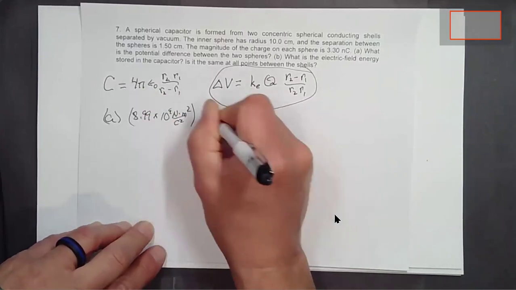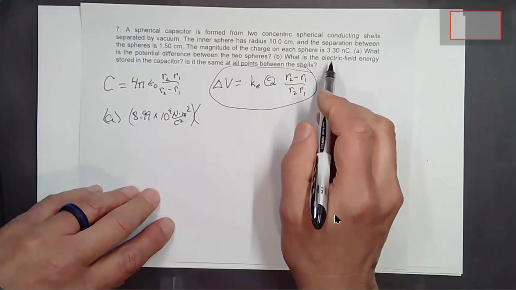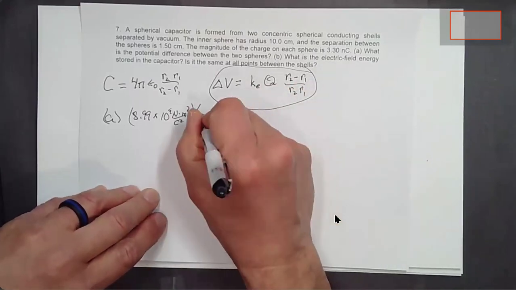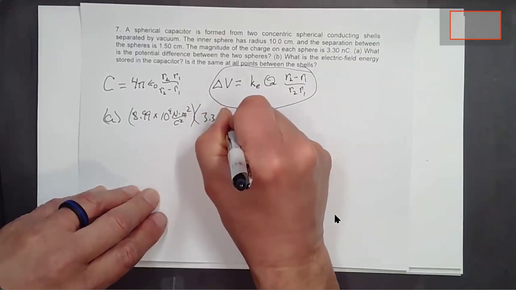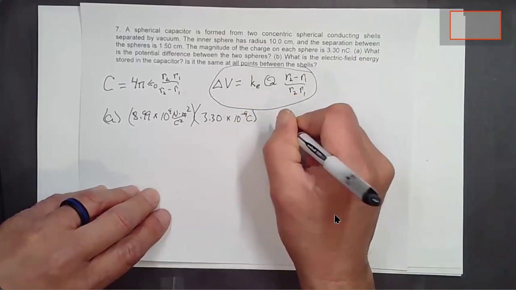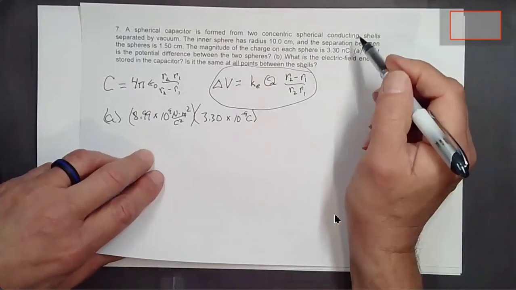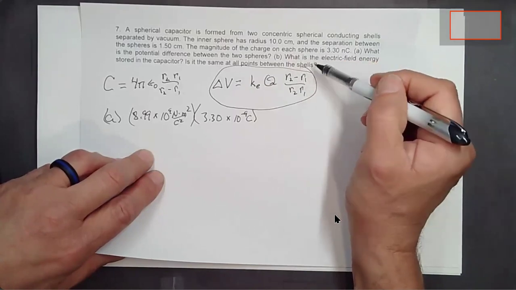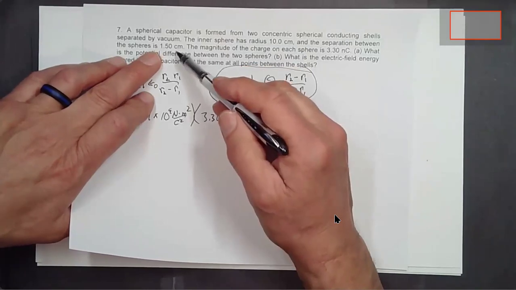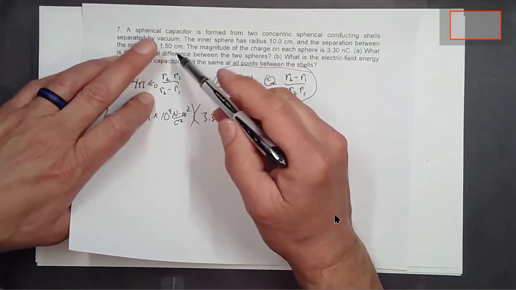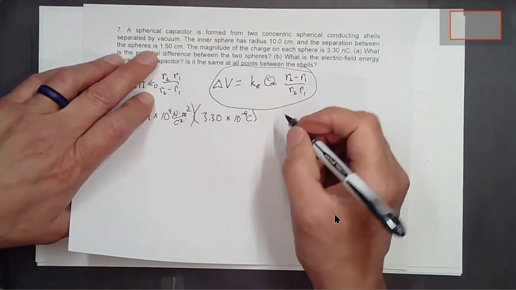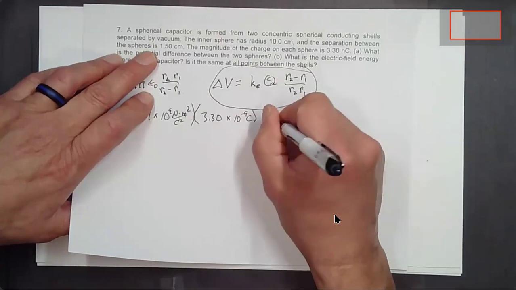How much charge do we have on here? 3.30 nanocoulombs, so 3.30 times 10 to the minus ninth coulombs. Then the inner sphere radius is 10 centimeters, and the separation between the spheres is 1.50, so that makes the outer one 11.5 centimeters.